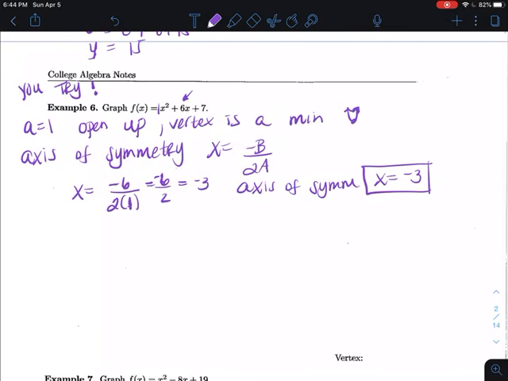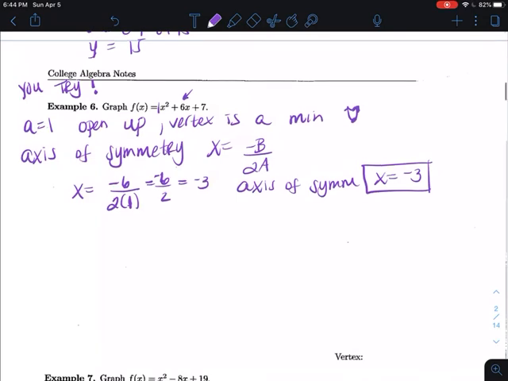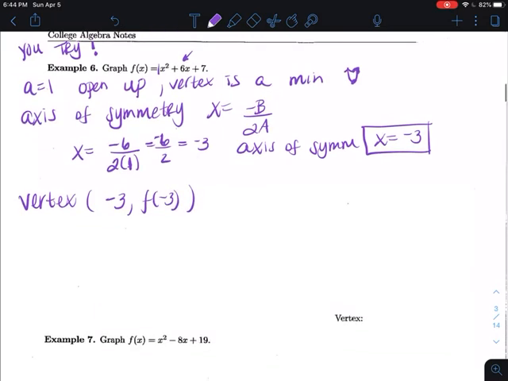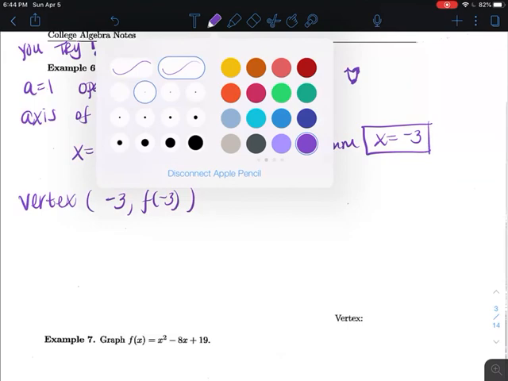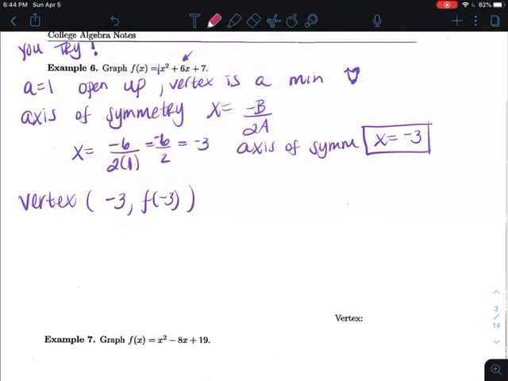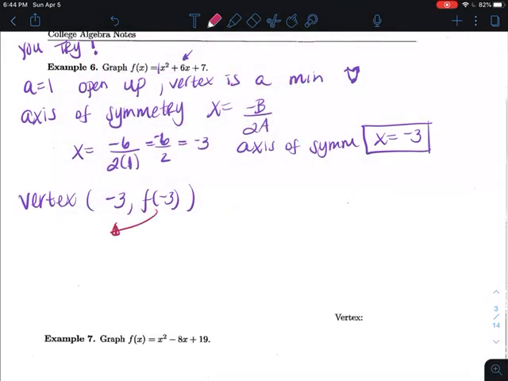This is also the x-coordinate of your vertex. So here's my vertex. My vertex is going to be negative 3, and then whatever f of negative 3 is. That's what we need to find. All right, so what is f of negative 3?